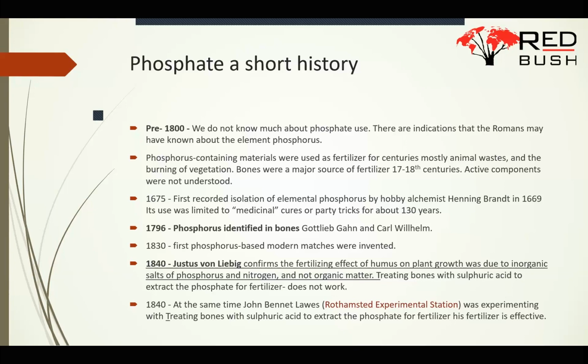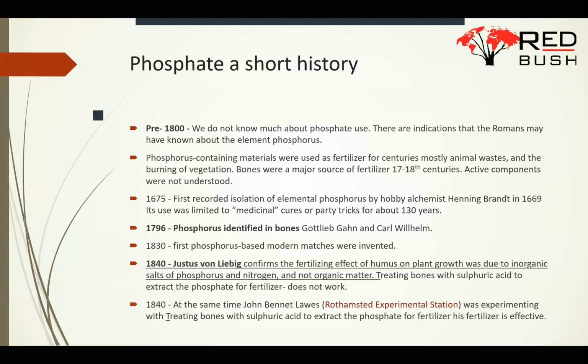And so it's not the organic carbon-based matter that's actually causing the nutrient effect. So he tries treating bones with sulfuric acid to extract the phosphate for fertilizer, and it doesn't work. So he kind of gives up a little bit on that one.